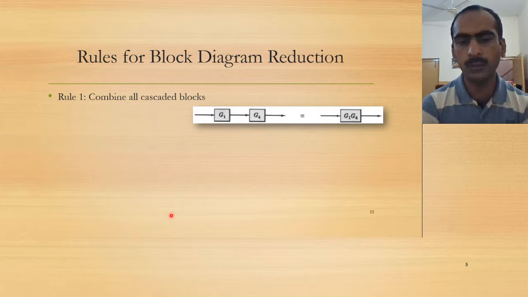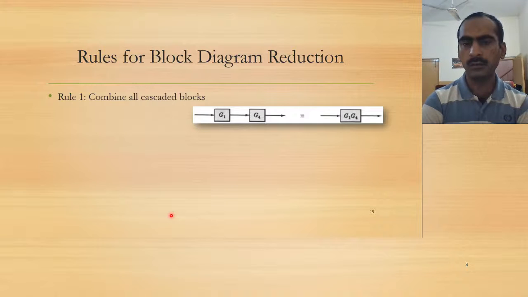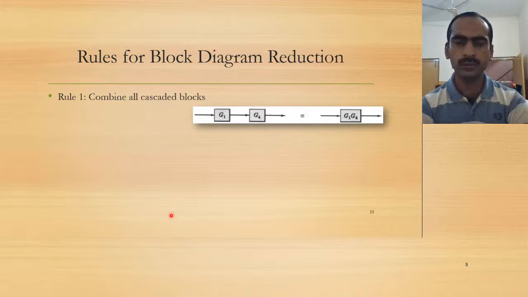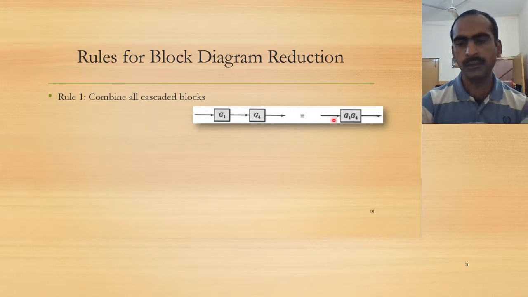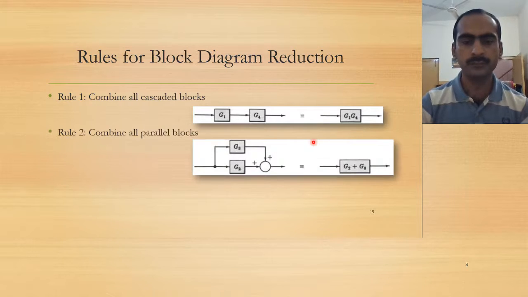Rule number 1 is whenever we encounter two blocks that are connected in series, they can be simplified into a single block whose input-output relationship, or transfer function, is G1 times G4, the product of the individual transfer functions.